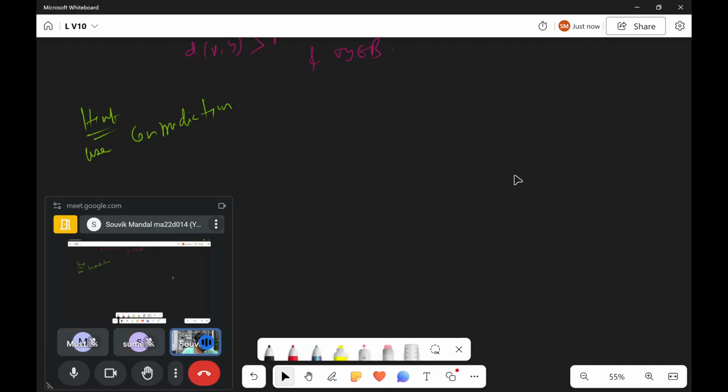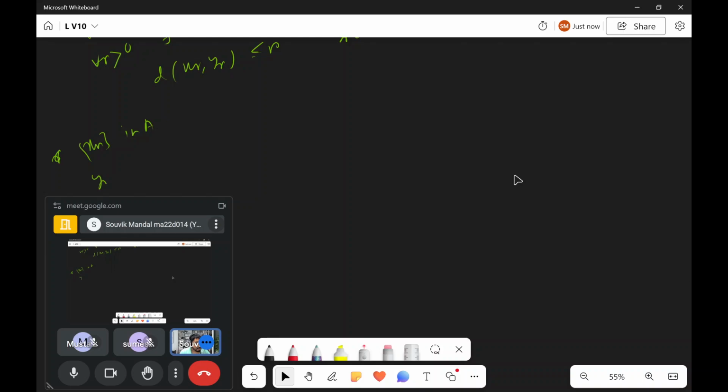So suppose, for contradiction, that for all r greater than 0, there exist x_r and y_r such that d(x_r, y_r) is less than or equal to r, with x_r belonging to A and y_r belonging to B. Now we can take r = 1/n, so we get a sequence xn in A and yn in B such that d(xn, yn) is less than or equal to 1/n.